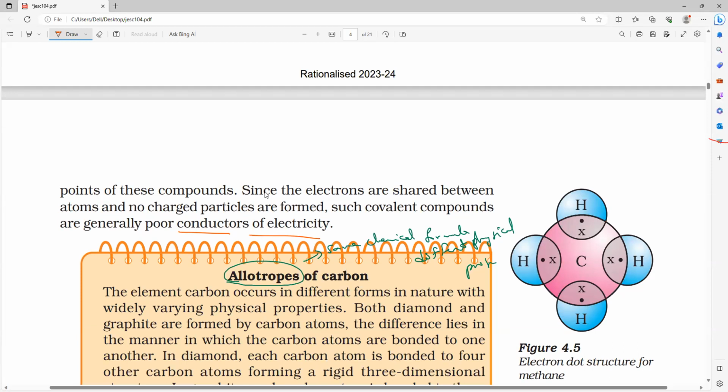Please revise the general properties of ionic compounds as well as covalent compounds by tomorrow.